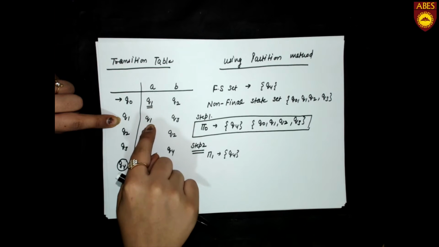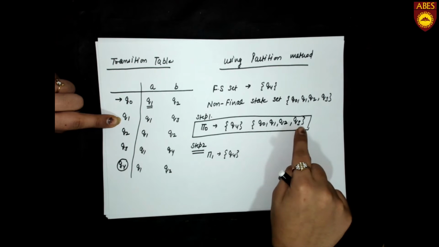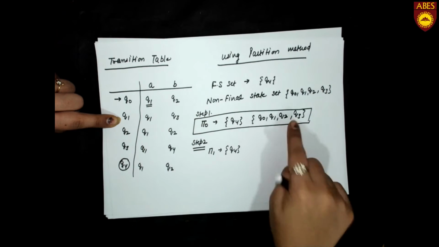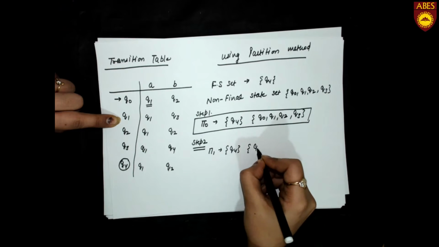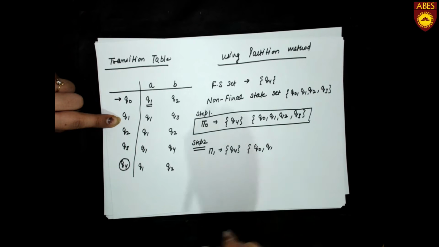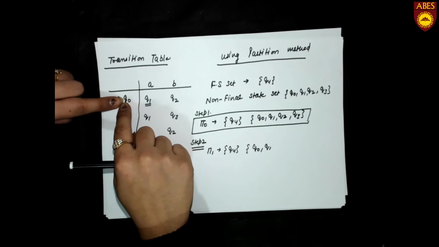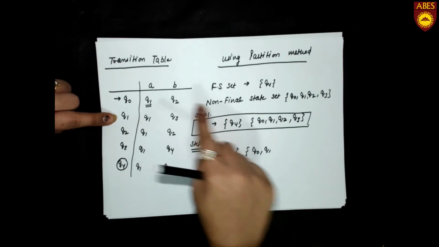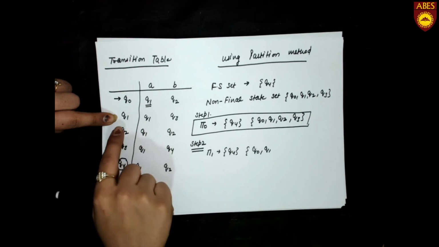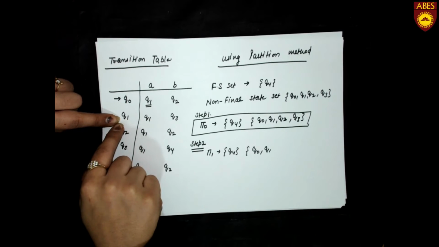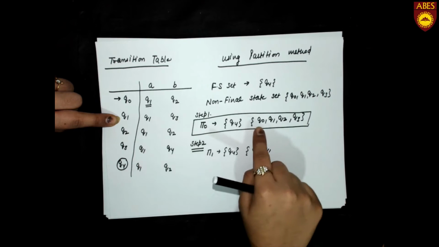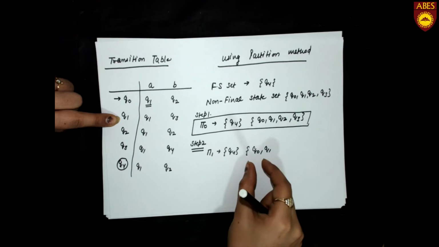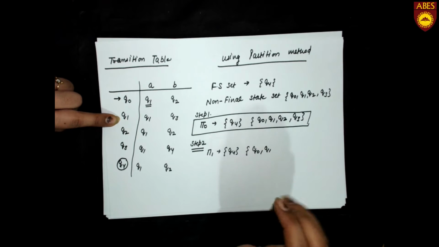Q1 lies in this set, both are in the same set, so we can write Q0 and Q1. Now when we apply B to Q0, the answer is Q2, which is in this set. When we apply B to Q1, the answer is Q3, which also exists in this set. So these states can be merged.